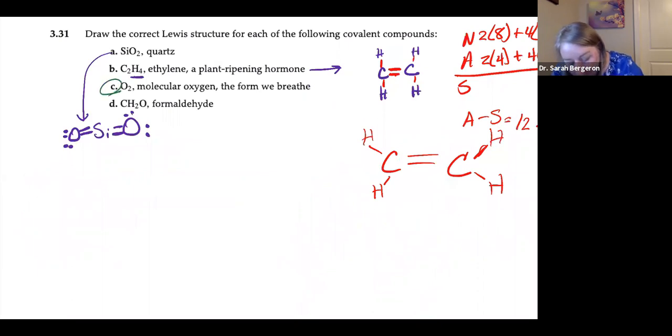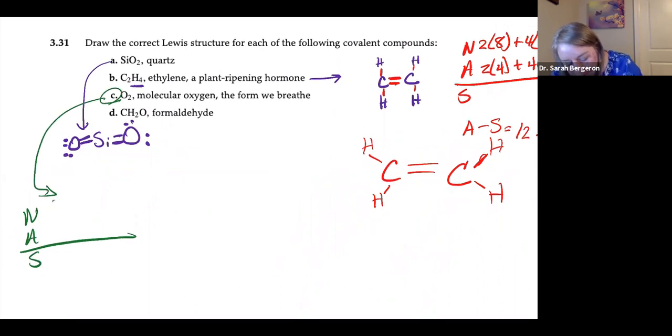Okay. O2. We're going to do needed, available, shared. Let's do that. So O2, we have oxygen is our only atom. We have 2 of them. They need 8 electrons. Available, oxygen is in group 16, well, 6A. So we have 2 of them and they have 6 available electrons.